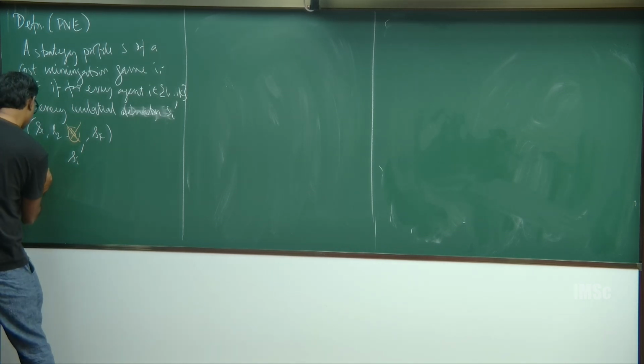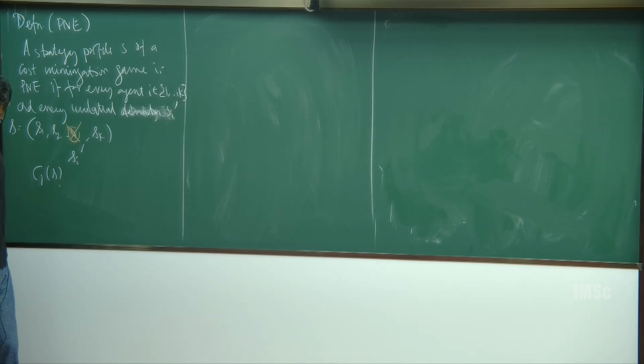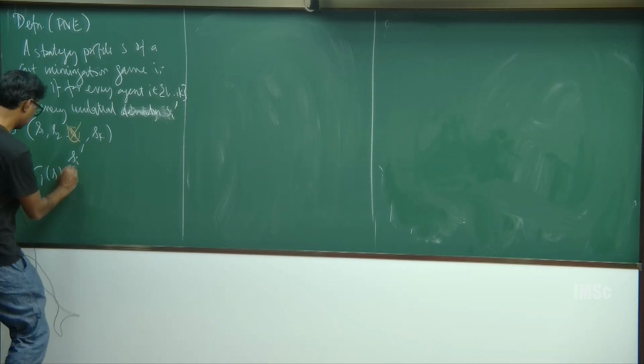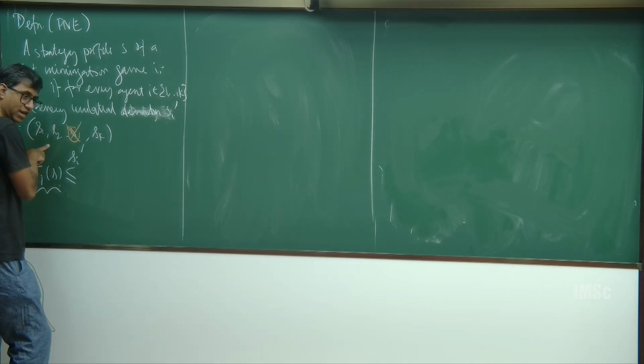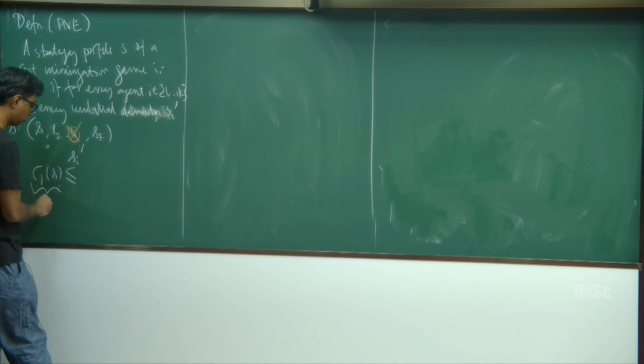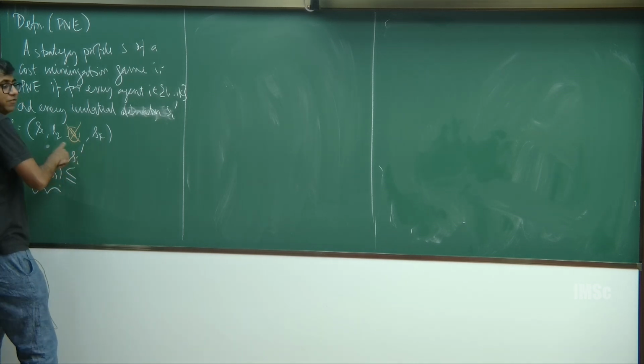Then look at his cost with this deviation. His cost in the strategy is less than or equal to how his own cost changes if he deviates.